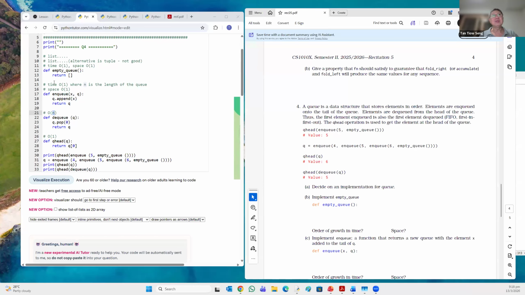All right, so this is a version with list, and not a good list. The tuple is even worse, I guess. On the other hand, I don't like that this question has to return a queue, because by right, when you do the DQ, the queue should still be the same. You don't have to return a queue. You can just pop and the queue remains.